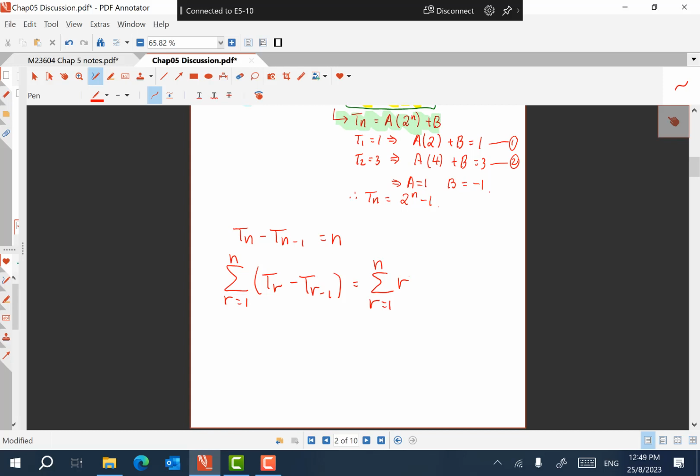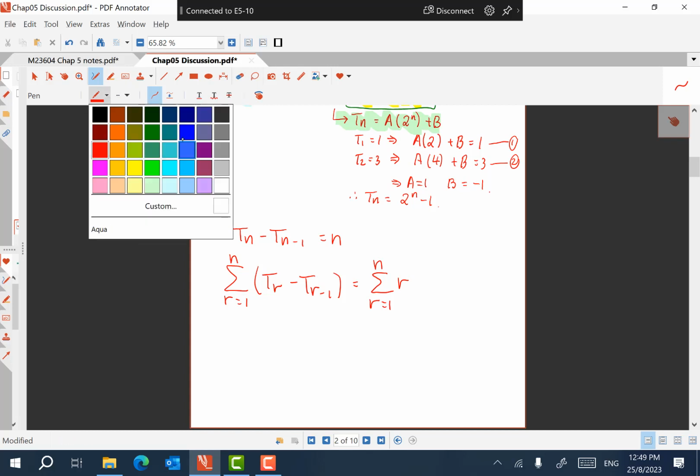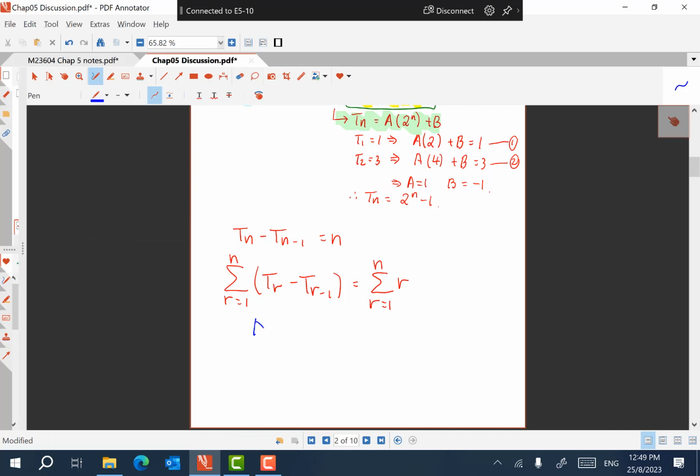And on the left hand side, I'm going to do something called, okay, let's see if you can recall the name of this thingy. Method of differences, right? Method of differences.